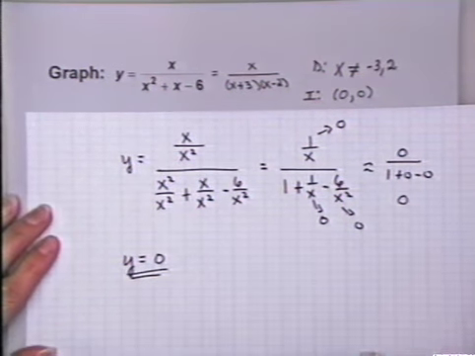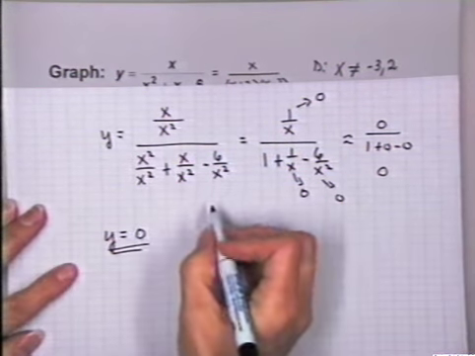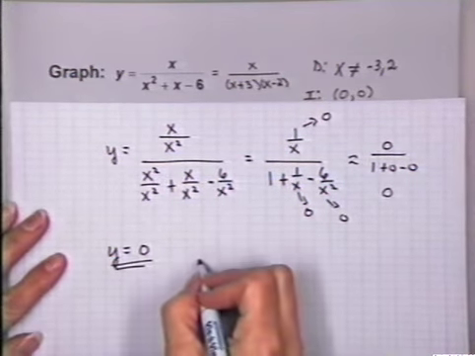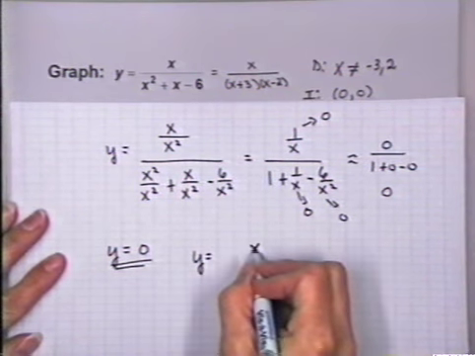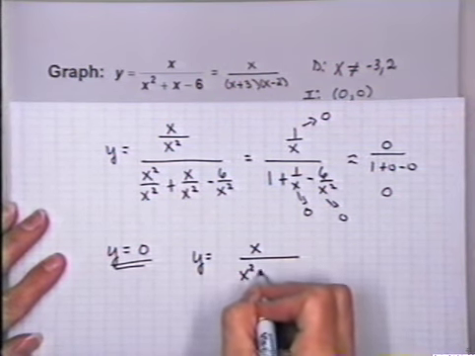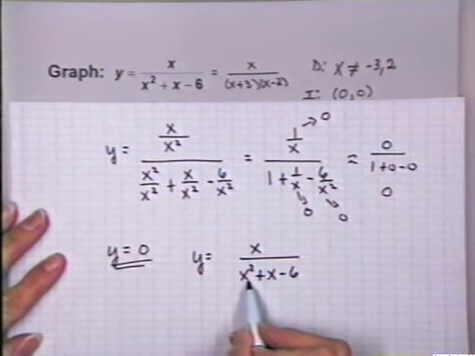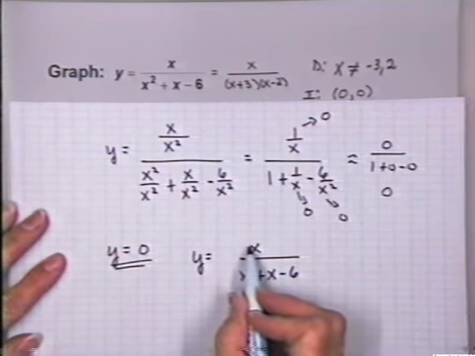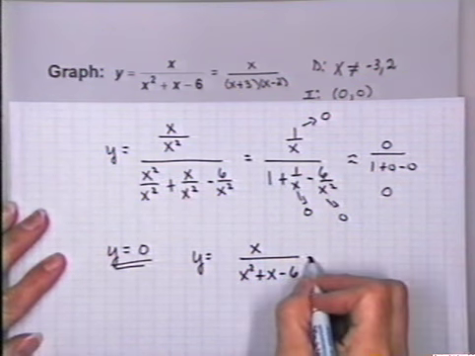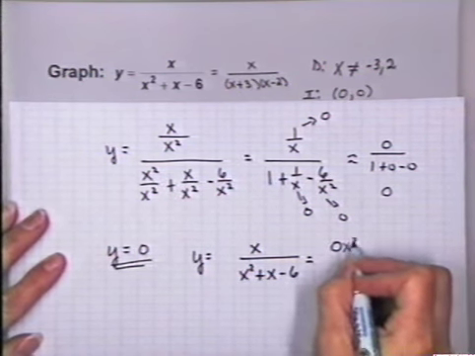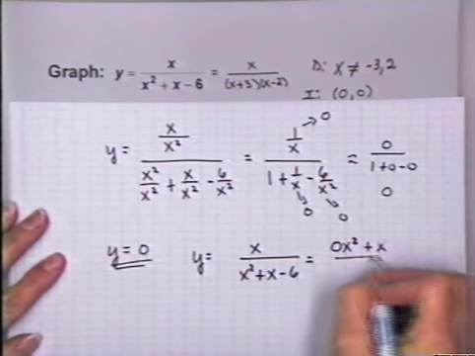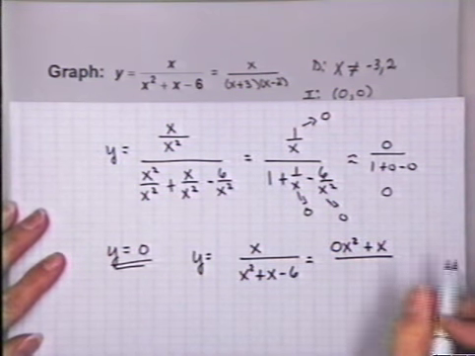Now, here's what I usually do instead of going through this division process that takes so long. Notice my original equation says y equals x over x squared plus x minus 6. My largest power of x down here is x squared. You'll notice I don't have an x squared up here in front, so I could think of this as being 0x squared plus x in the numerator, couldn't I?